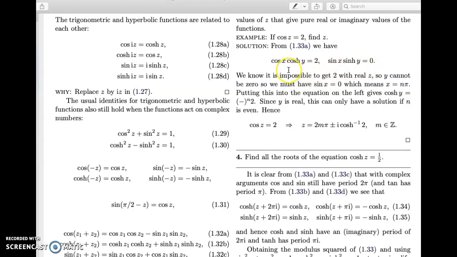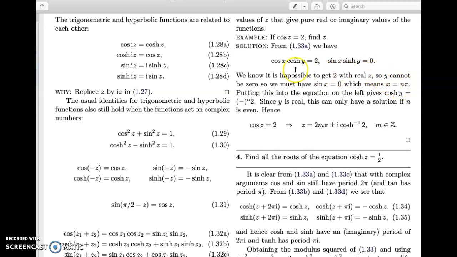Now, what do we know? We know we can't get 2 with a real z, right? So z has to be complex, which means that y can't be 0. Now, if y is not 0, in order to get this to be 0, sin x must be 0, which means that x is equal to n pi.